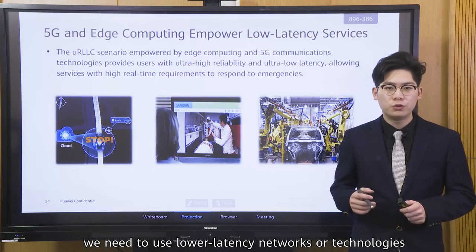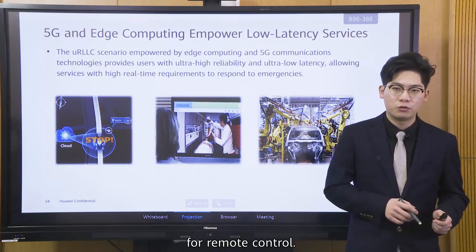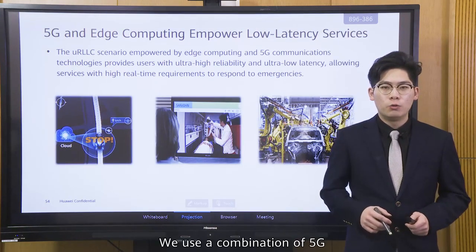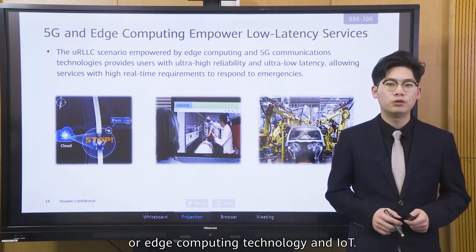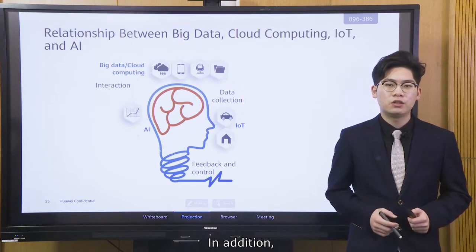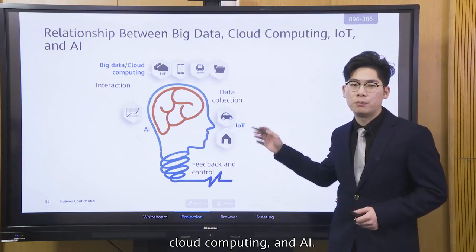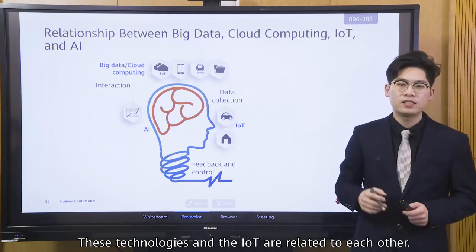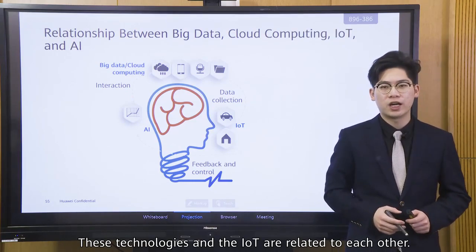Therefore, we need to use low-latency networks on technologies for remote control. We use a combination of 5G or edge computing technology and IoT. In addition, we use technologies such as big data, cloud computing, and AI. These technologies and the IoT are related to each other.